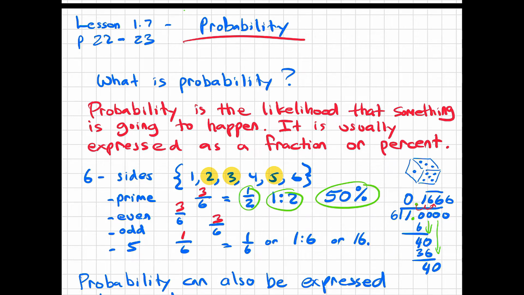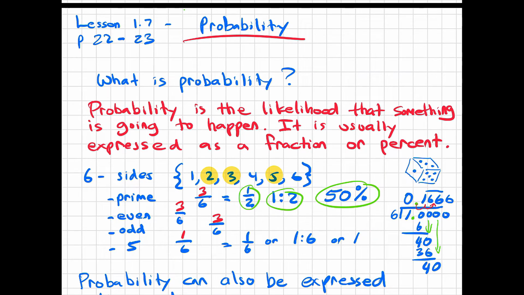So it would actually be 17% rounded to the nearest whole number. And if I wanted you to round it to 1 decimal place, or to the tenth, it would be 16.66, and this 6 right here tells us that we need to round that up to a 7. So this would end up being 16.7%.